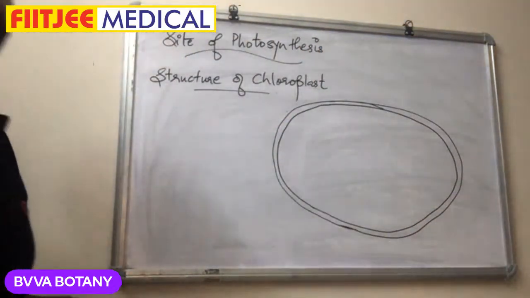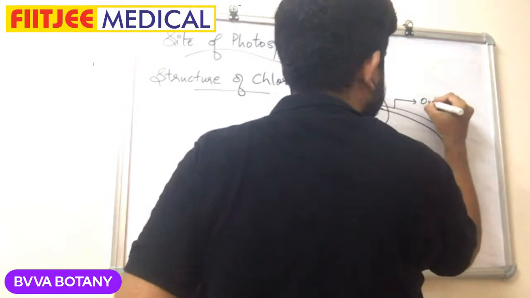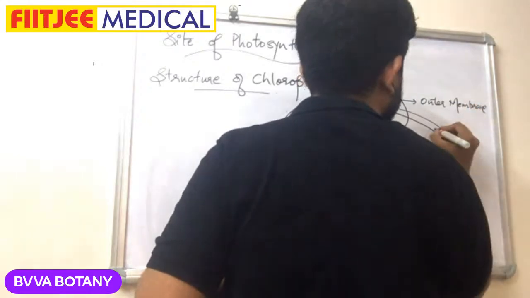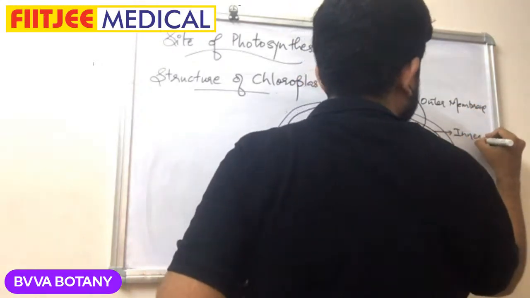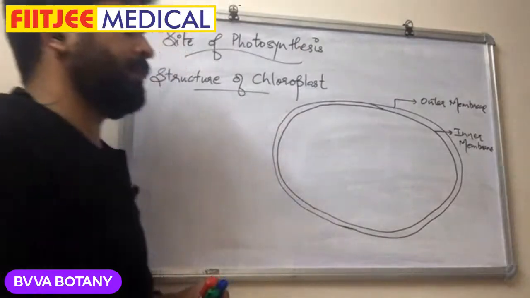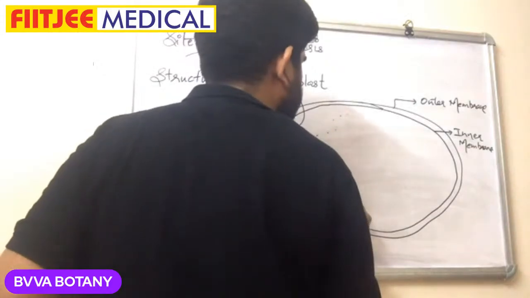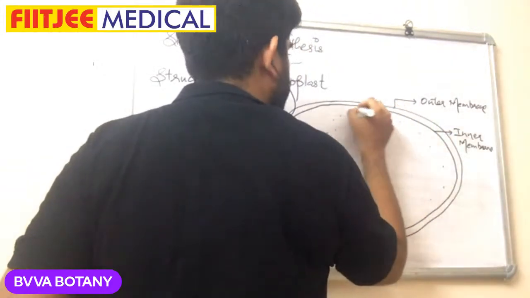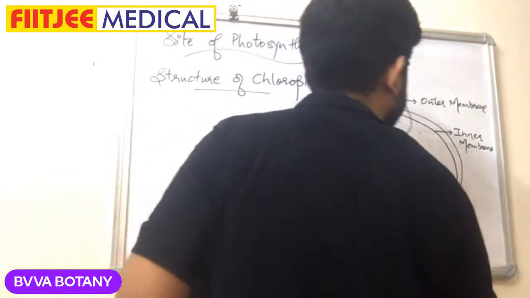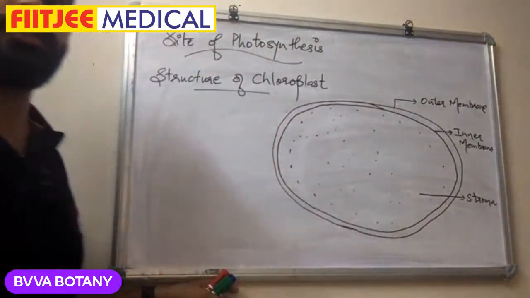So this is going to be the outer membrane, and this the inner membrane. And inside the membrane is filled with a jelly-like substance which we call the stroma.